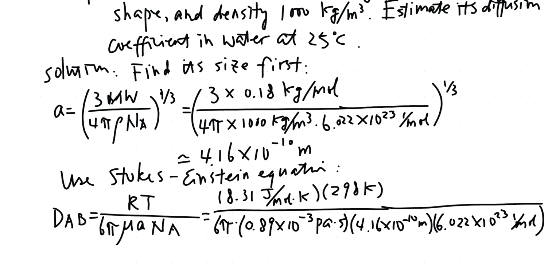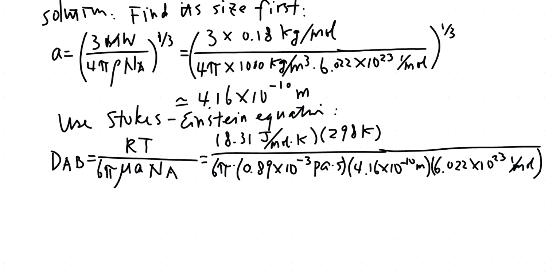The per mole cancels up and down. The Kelvin cancels. In the numerator we have joule. Joule is Pascal multiplied by meter cubed. Now you have a Pascal in the denominator, and then you have meter in the denominator.